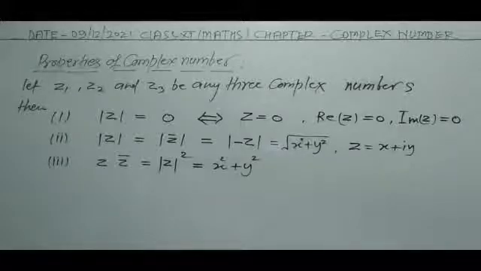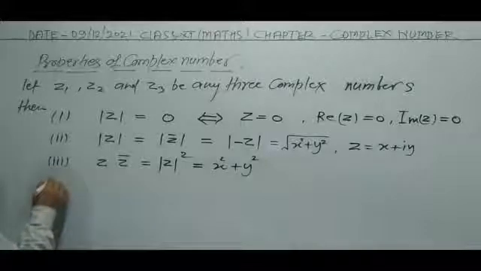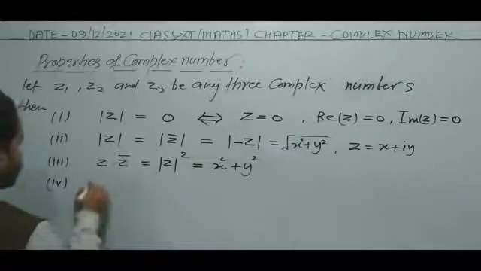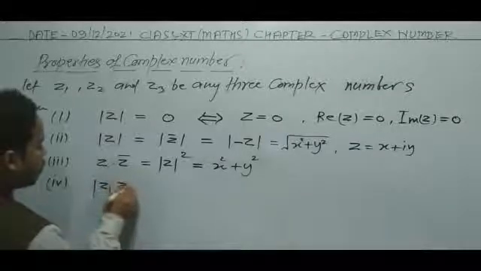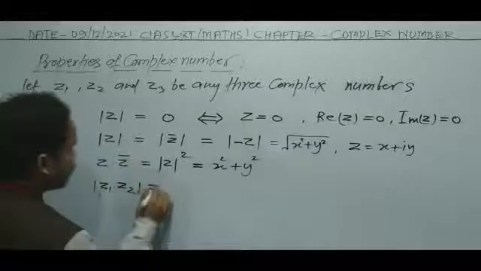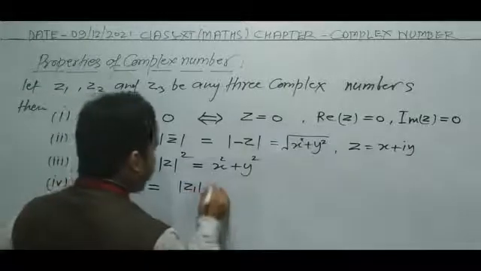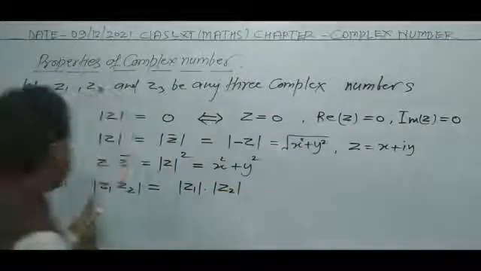Now see, now fourth point is mod of z1 z2 is equal to mod of z1 into mod of z2.